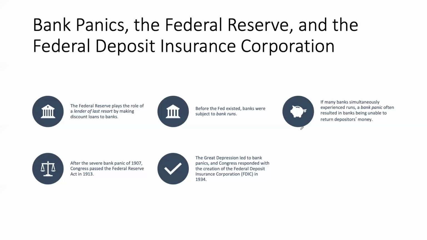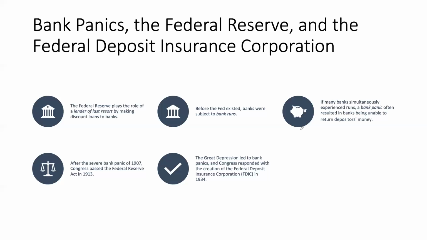And an insurance program was created where every bank, which has either a state charter or a federal charter, makes insurance premium payments every single month into this common pool of money. And if any of these banks experiences a bank run or there's some kind of a crisis, that pool of money is used to make the depositors whole.